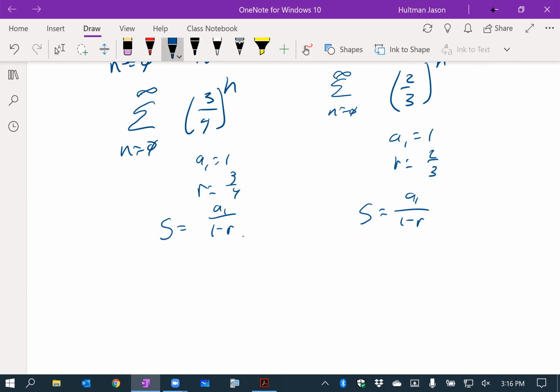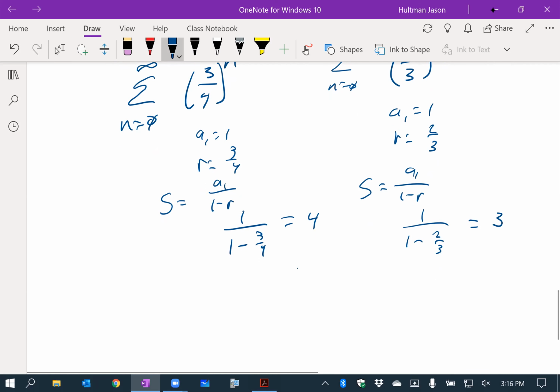So this is 1 over 1 minus 3/4, which is 1/4, so this thing is 4. The other is 1 over 1 minus 2/3, which is 1/3, so that becomes 3. So 4 plus 3 is equal to 7. It does converge because it's geometric, and it converges to 7.